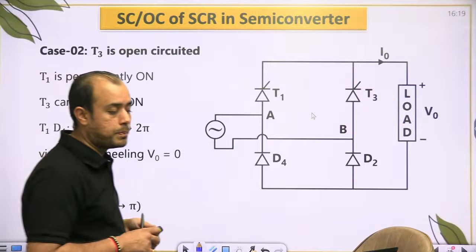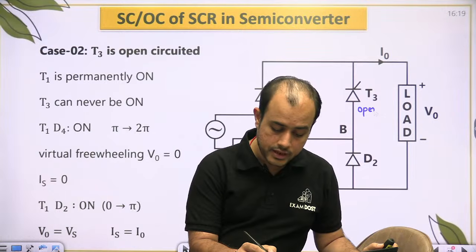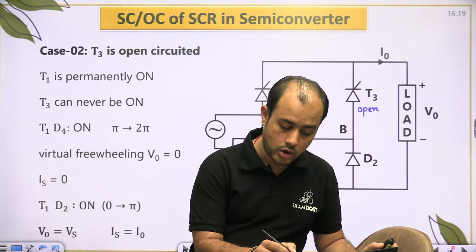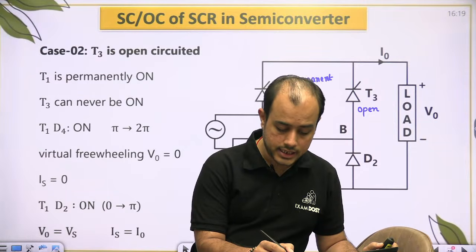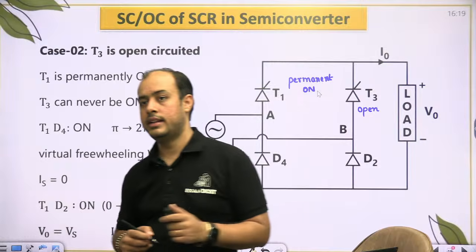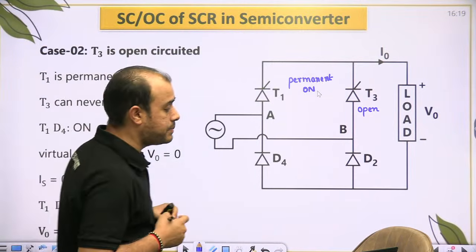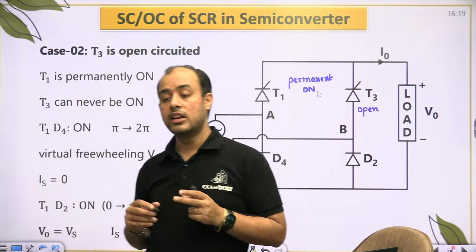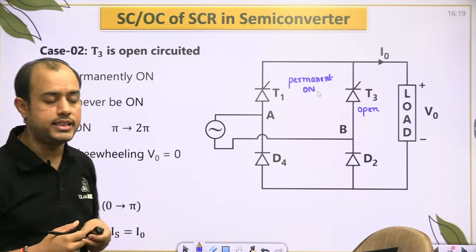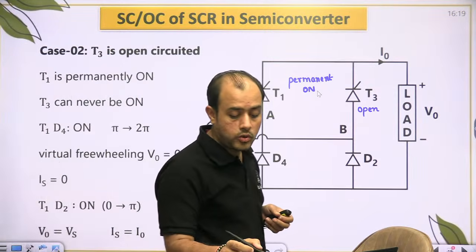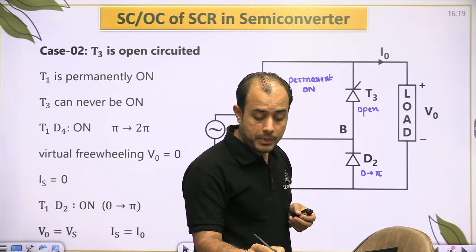If T3 is open, beta, T1 has to be permanently on because the load is highly inductive. If the load was resistive, there is no problem of remaining permanently on. Now D2 will conduct from 0 to pi, D4 from pi to 2 pi.